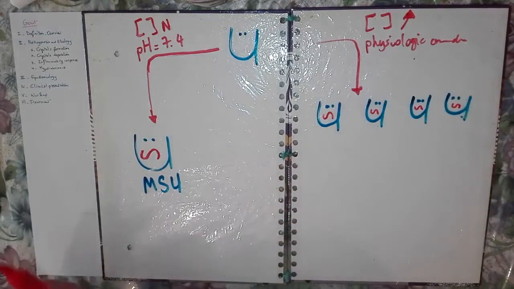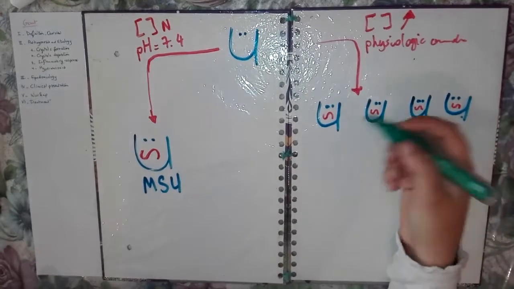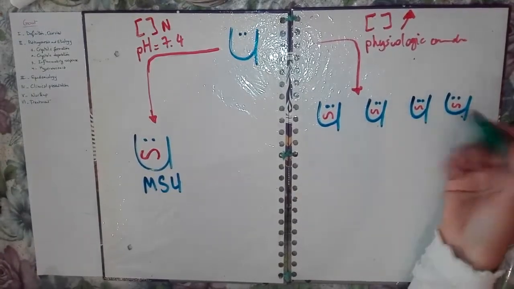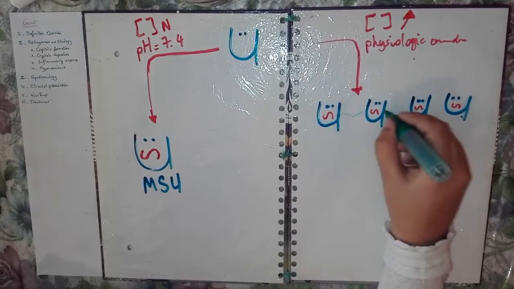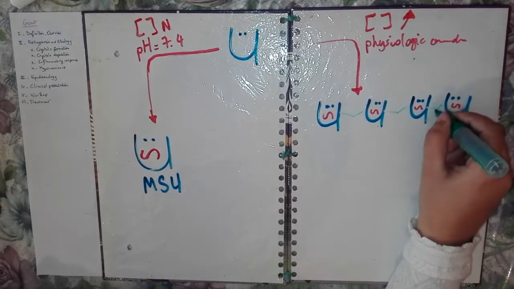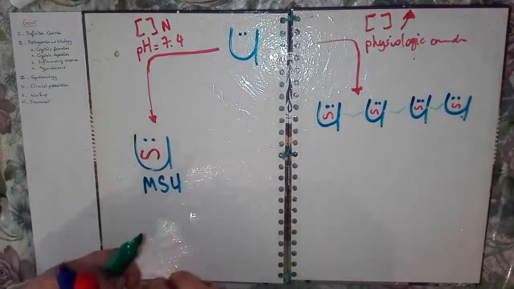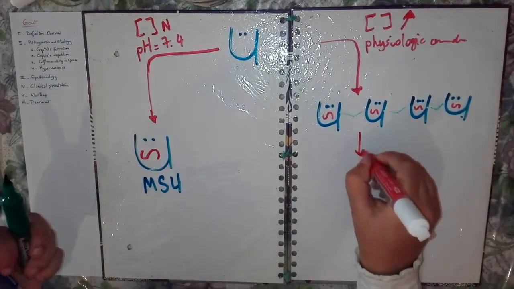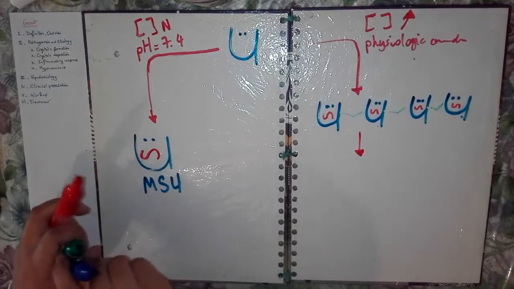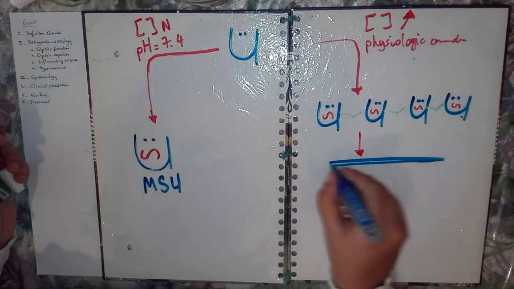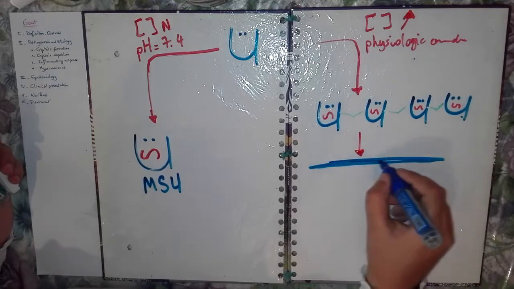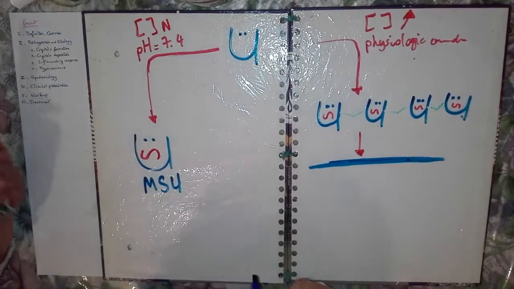A lot of MSU molecules are going to have a party within our extracellular compartment and join hands. When they join hands, they are going to crystallize and make needle-shaped crystals.